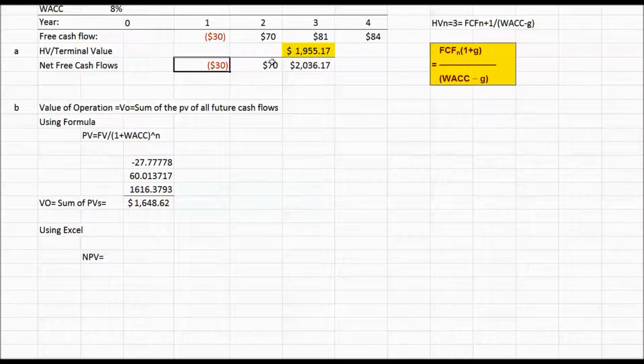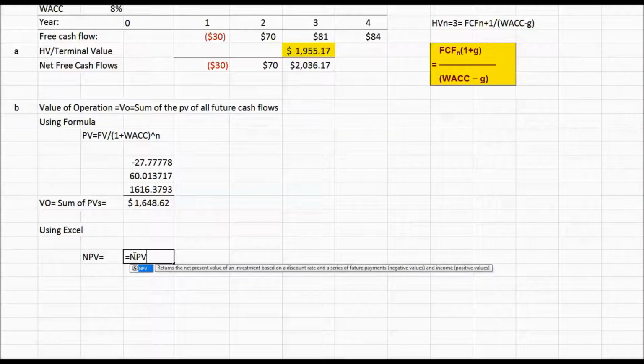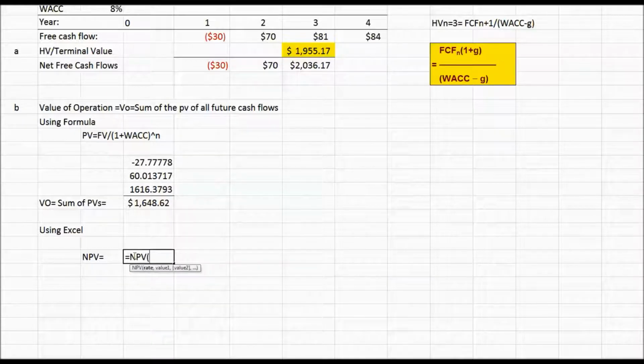That's why 30, 70, this one. So we have to use the NPV function in Excel. Let's use NPV equals. You write NPV, or you can use the function. It's asking for the rate. The rate is the discount rate, which is 8%, and then it's asking for the other values. So let's select these values and close the parentheses.